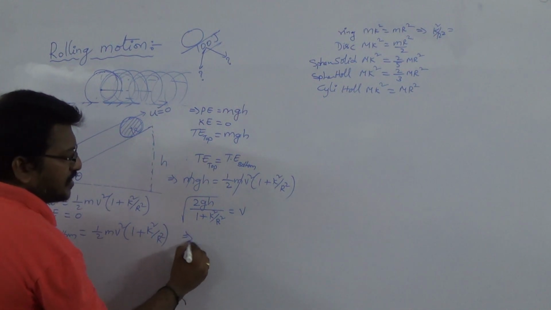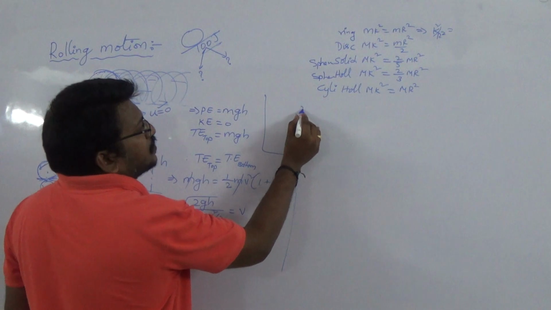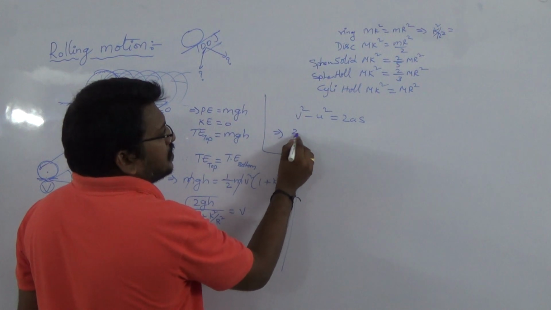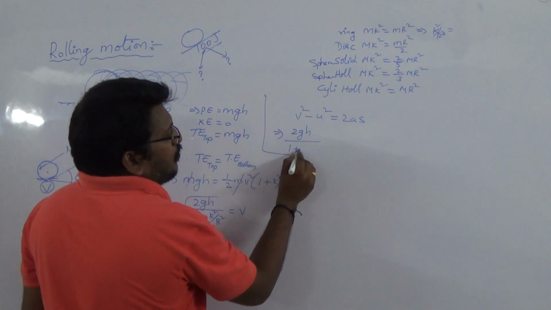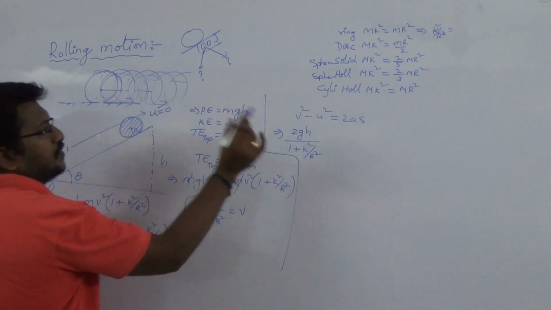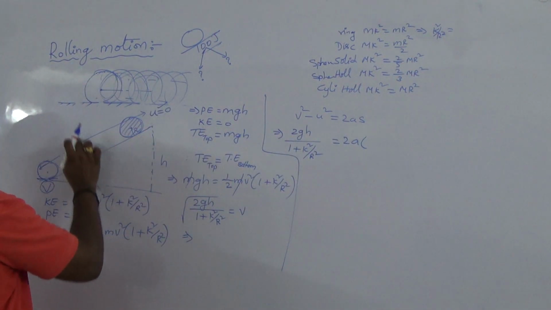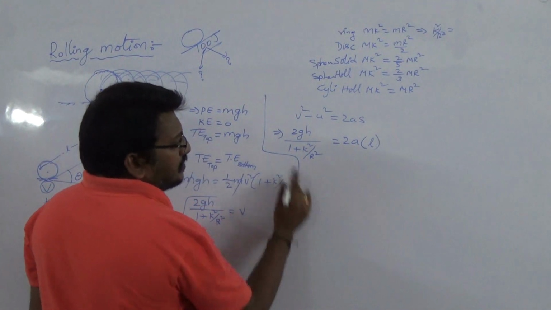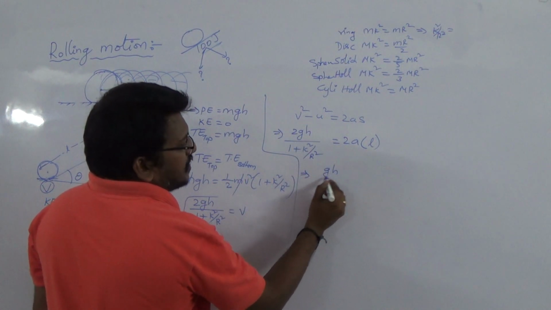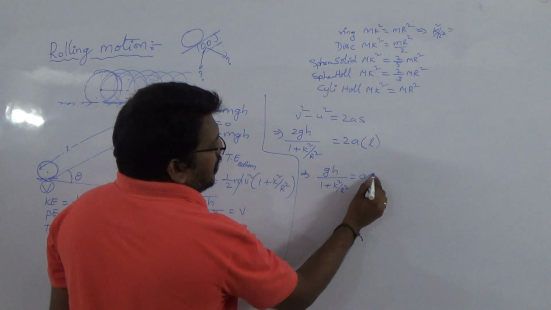We use the formula v square minus u square equals 2as. Here v square is 2gh by (1 plus k square by r square), u is 0, and this equals 2as. Here s is the distance covered, nothing but the length of the plane, l. The 2 cancels on both sides, so we get gh by (1 plus k square by r square) equals a times l.